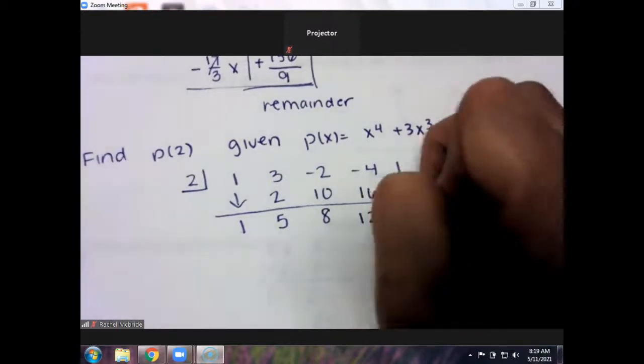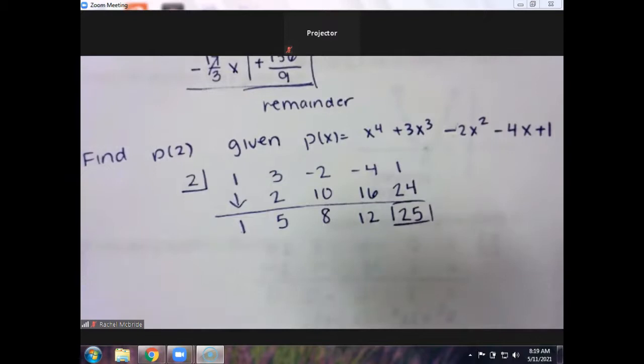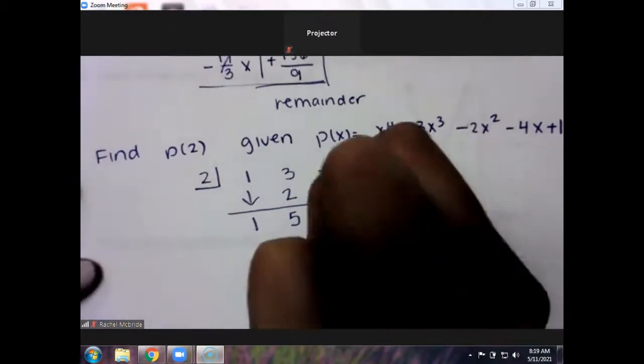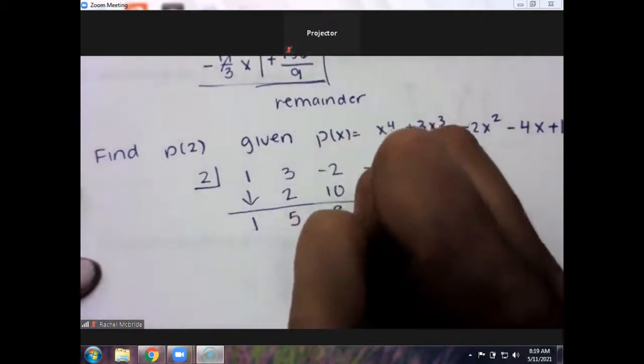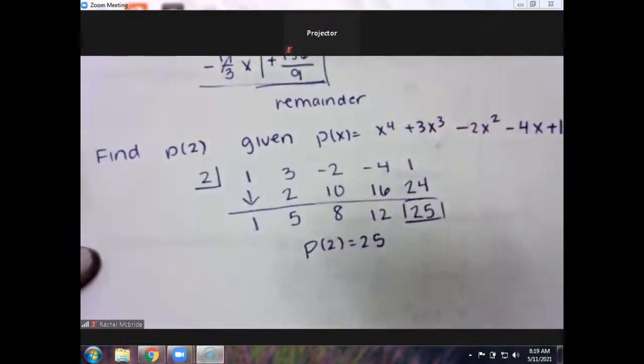That final box number represents the value of that function. So P of 2 is 25.